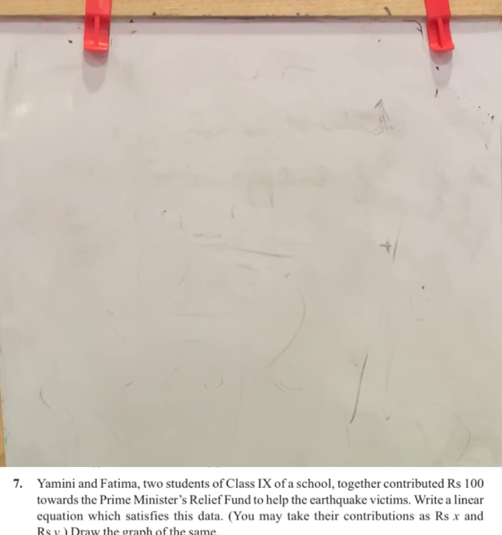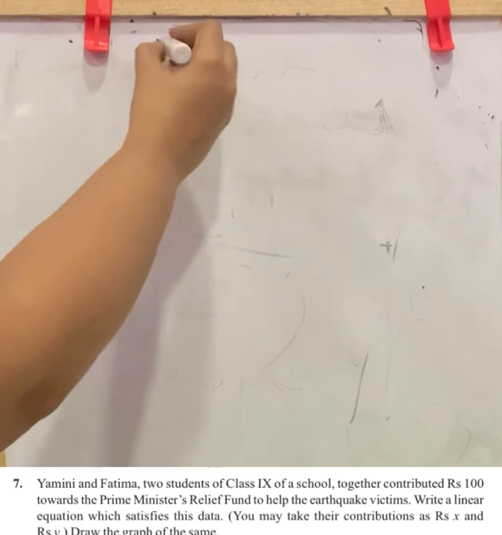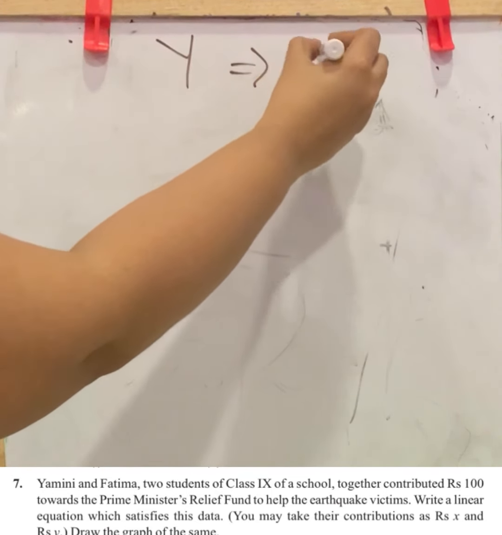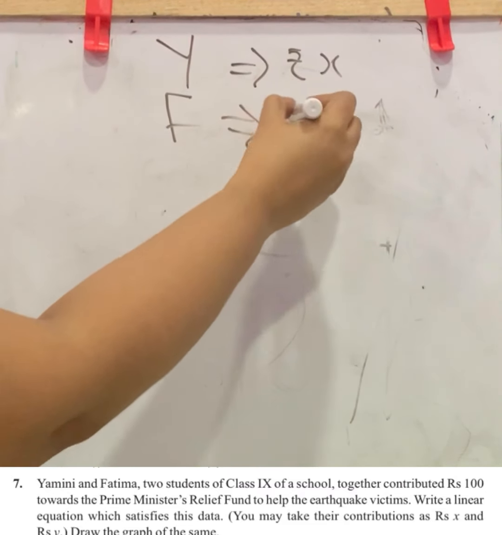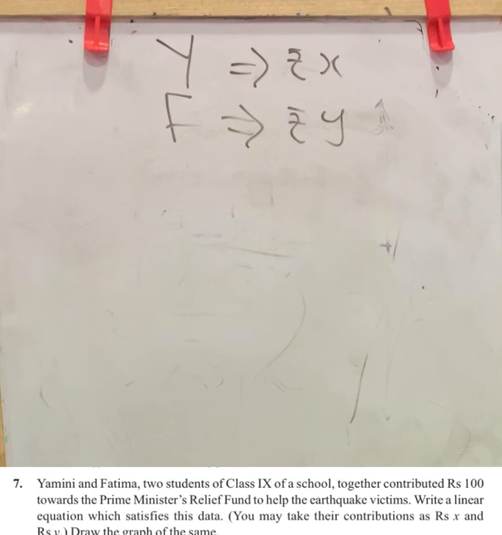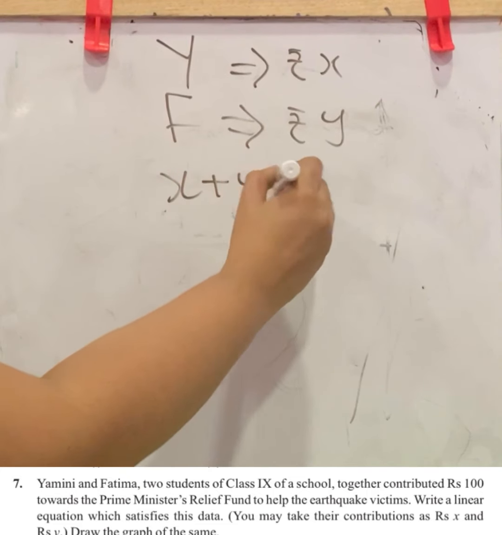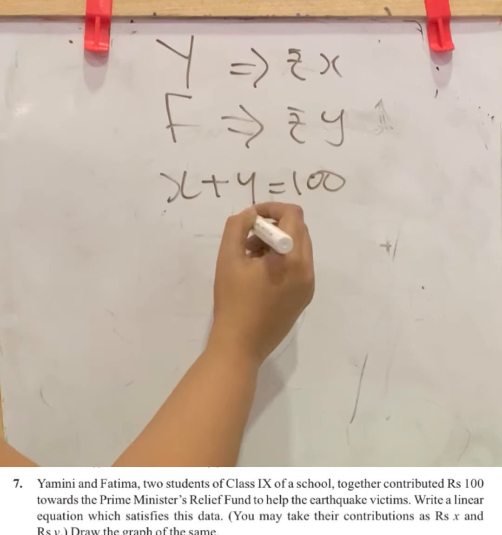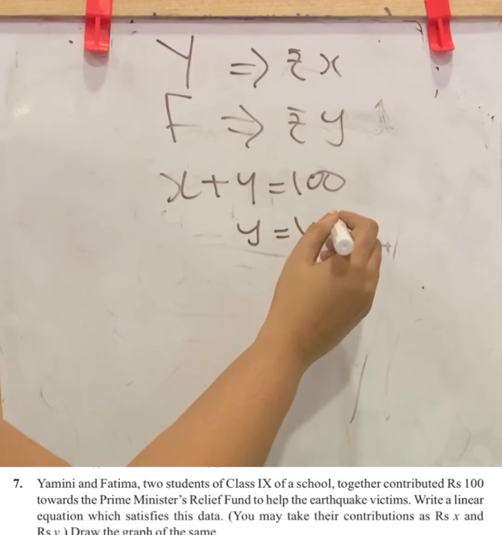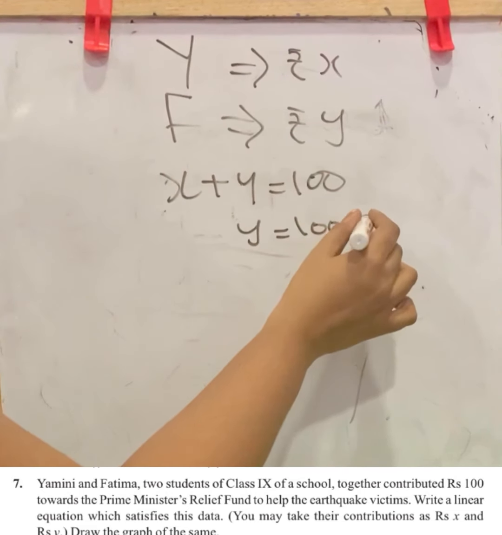So let Yamini's donation be rupees x and Fatima's donation be rupees y. So it is given according to the question, together contributed 100. So from this we can write it as y equal to 100, x is taken to RHS, minus x.